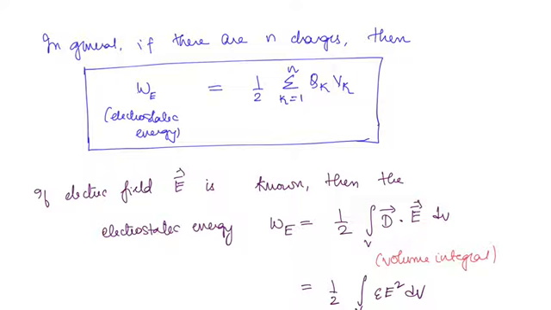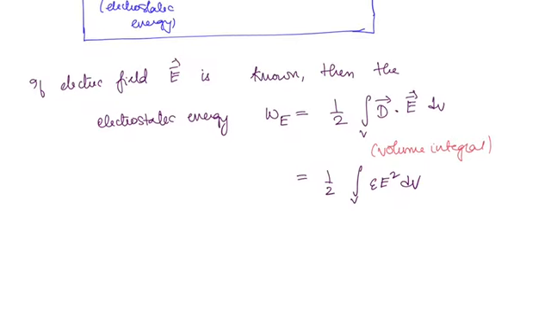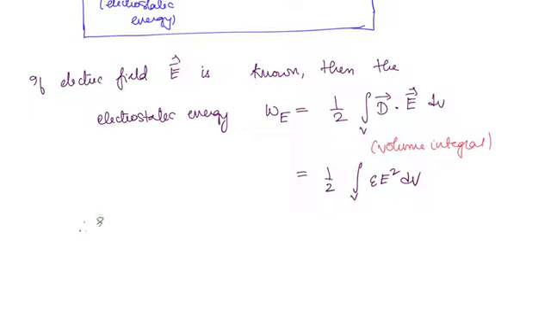Now from here you can get the energy density. Energy density is the energy per unit volume, so differentiate the electrostatic energy with respect to volume.